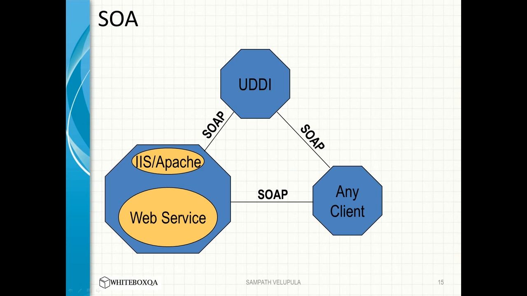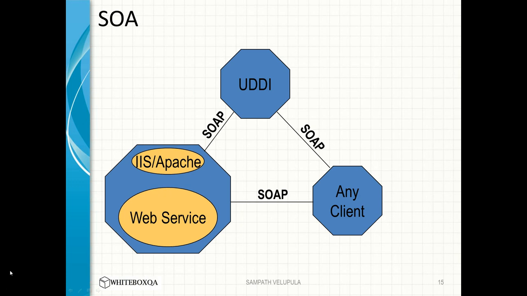Okay. So if you see here, service oriented architecture involves three things. One is service provider, one is broker, one is consumer.